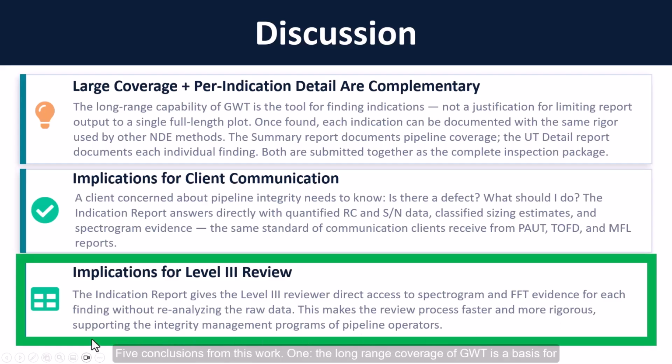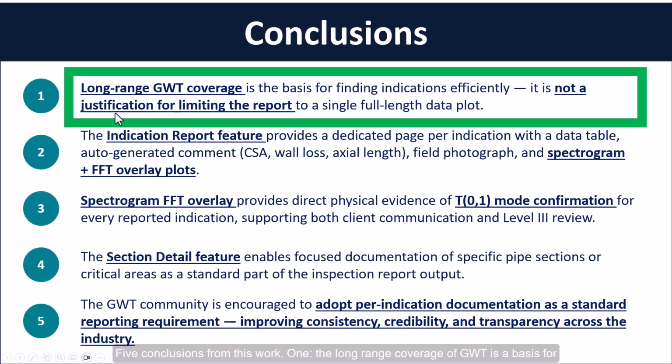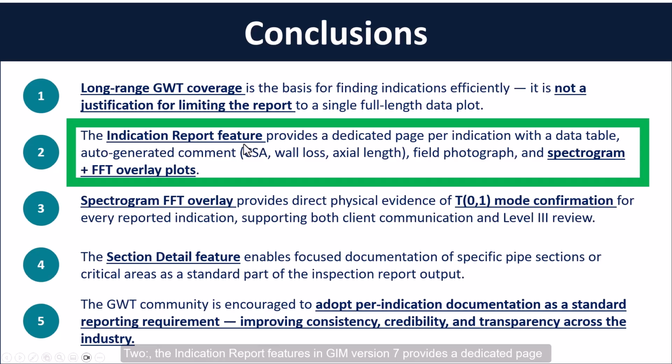5 conclusions from this work. 1. The long-range coverage of GWT is a basis for finding indications, not a reason to limit the report to a single full-length plot. 2. The indication report feature in GIM version 7 provides a dedicated page per indication with a data table, auto-generated sizing estimate, an optional field photograph, and a spectrogram plot with FFT overlay. 3.